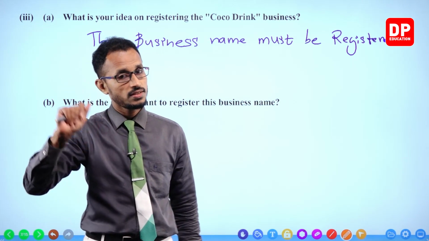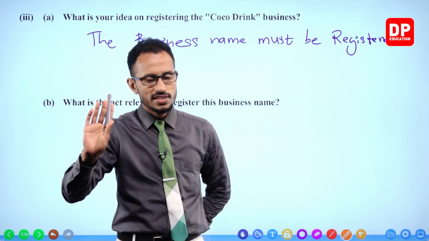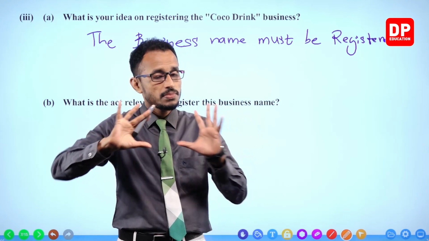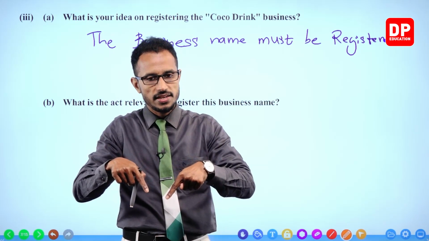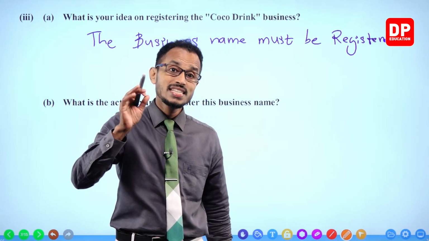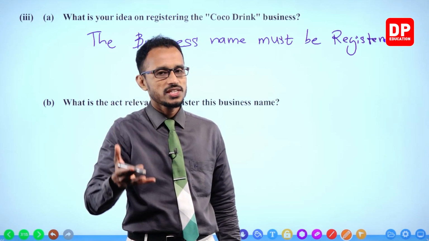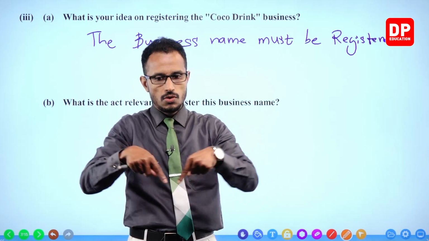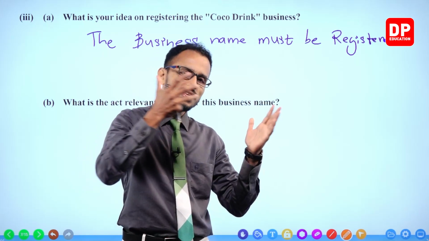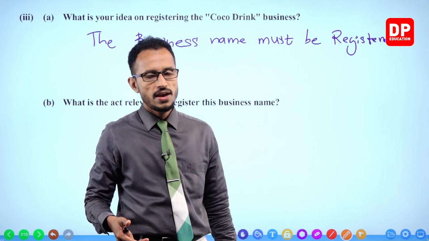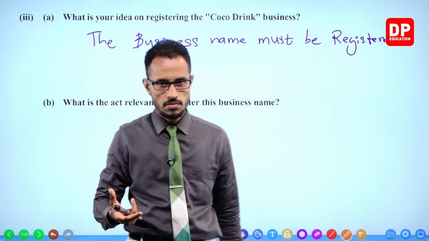For a sole tradership, registration doesn't give the business a legal status, because the business organization is not recognized as a separate entity. It is the business name which is registered under the owner's name. It is the registration of business name. Got it?